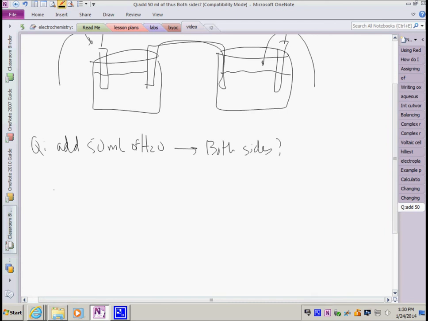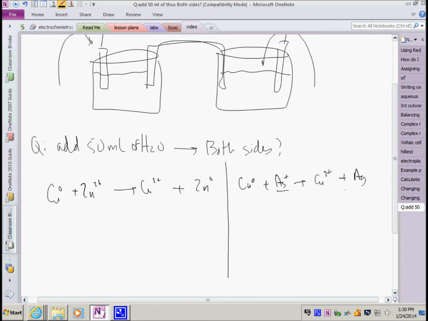Let's say this one, for example: we have copper metal plus zinc 2 plus yields copper 2 plus and zinc metal. That's one option. And in this case, I have copper metal plus silver plus ions yields copper 2 plus and silver metal. This is a concentration question.